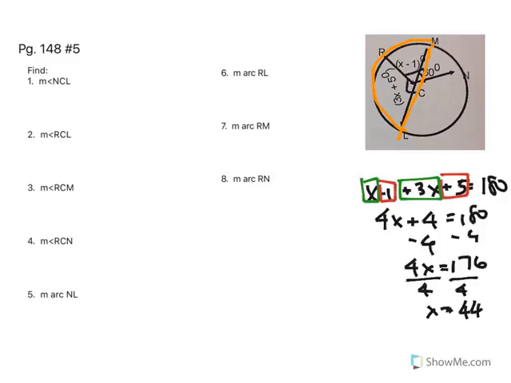So this angle here, angle LCR, is 3x plus 5. Let's plug in our value of x, 44.